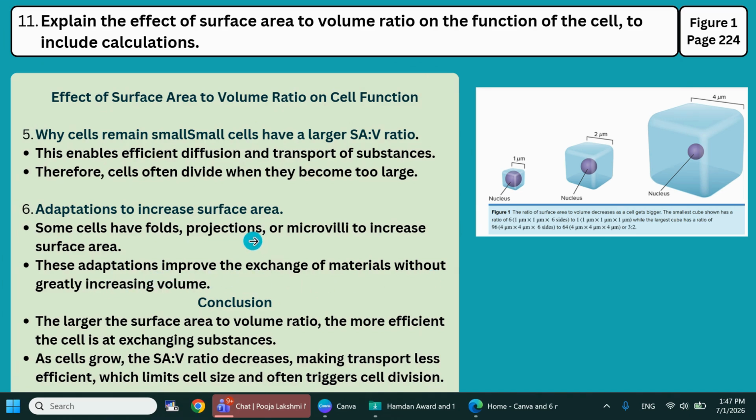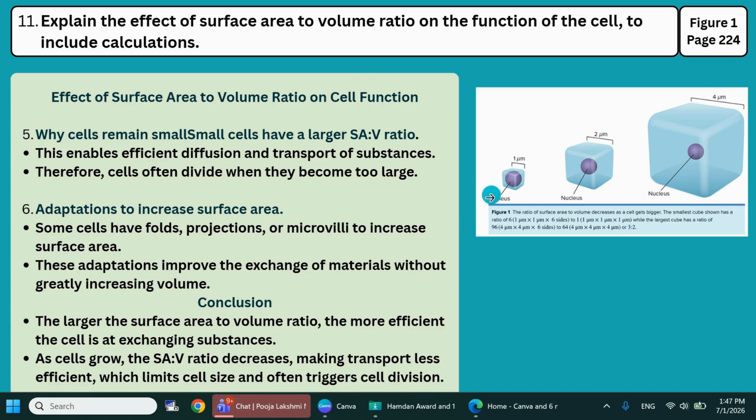So, the larger the surface area to volume ratio, the more efficient the cell is at exchanging substances. As it grows, the ratio will decrease, making transport less efficient, and this limits cell size, and because of this it triggers cell division. So cell division happens.